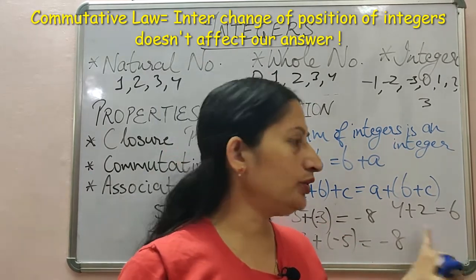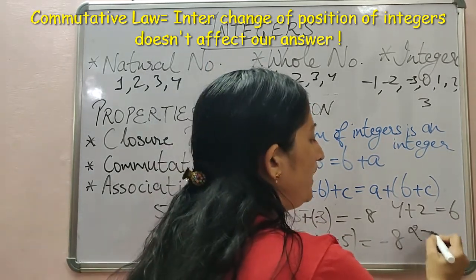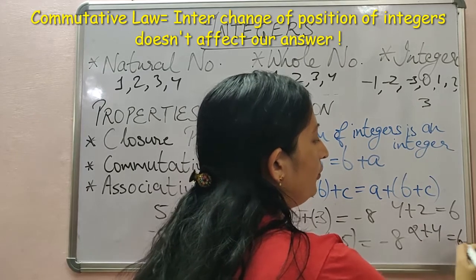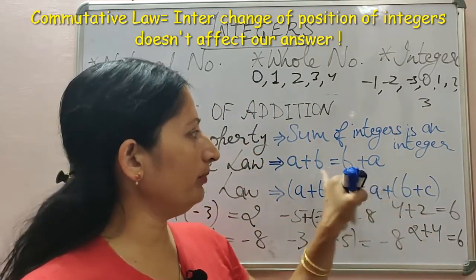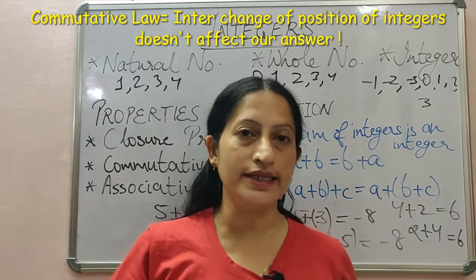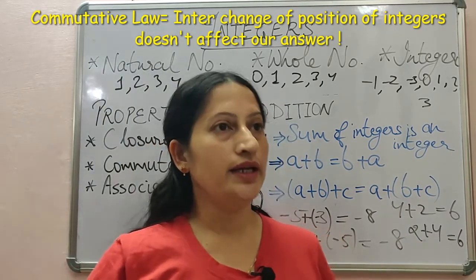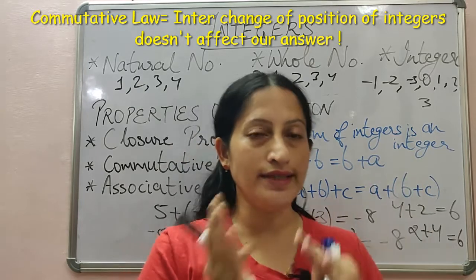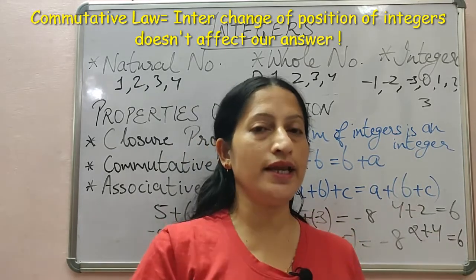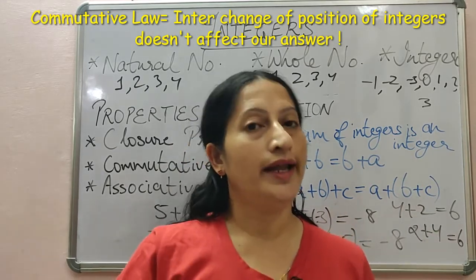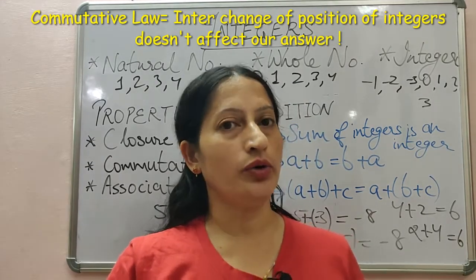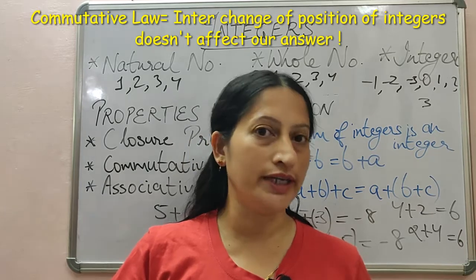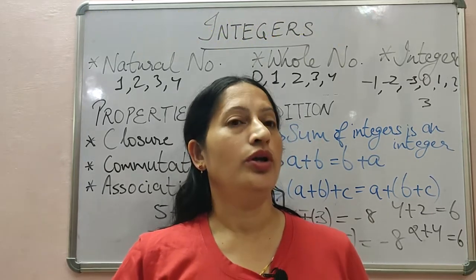Now if I do just the opposite, 2 plus 4, that is also 6. So you can understand the commutative law is very easy to understand. The two integers, you can interchange their positions, and it will still give you the same result. That is your commutative law. I hope closure property and commutative law are clear.